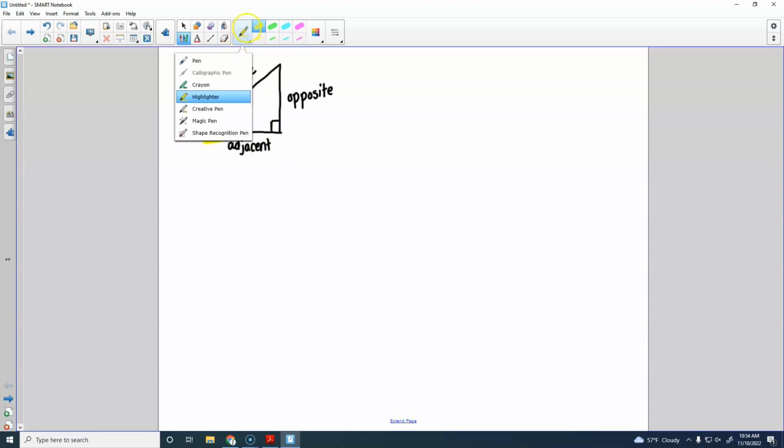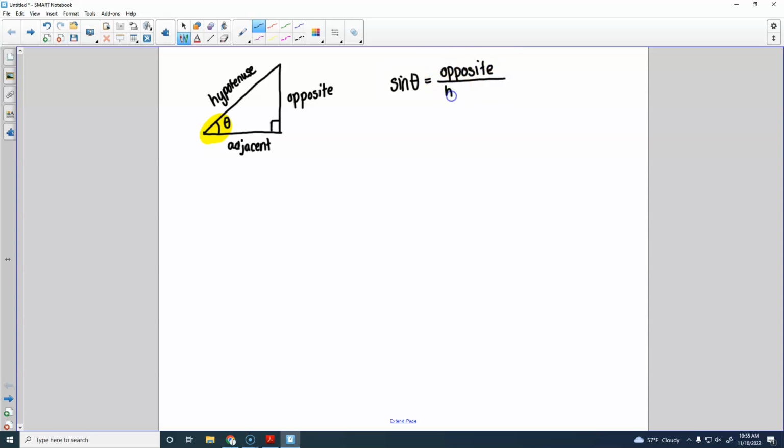So our trig functions are: sine of theta equals opposite over hypotenuse; cosine of theta is adjacent over hypotenuse; and tangent of theta is going to be opposite over adjacent.